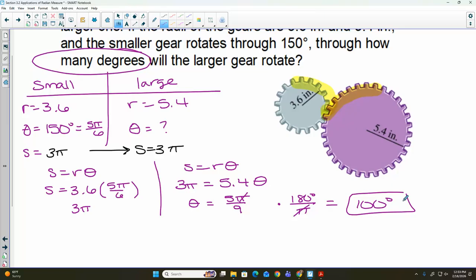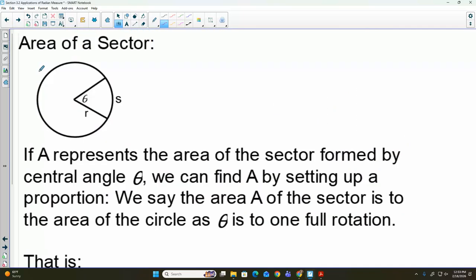I'm almost done. I want to talk about one more thing. All right. What if I want to find the area of a sector? That means, how do you find the area of a portion of a circle?